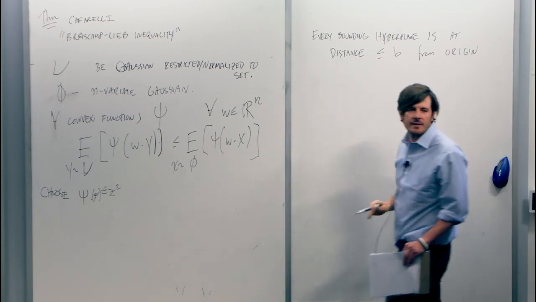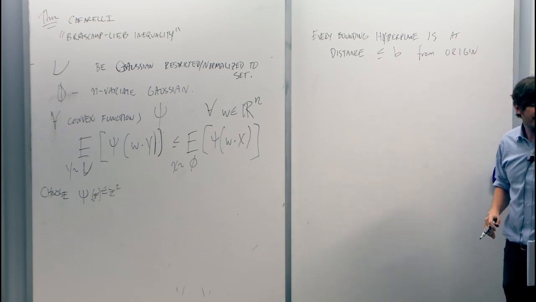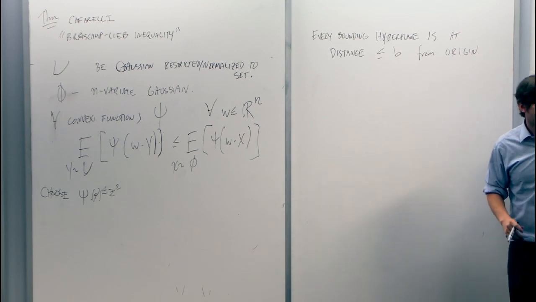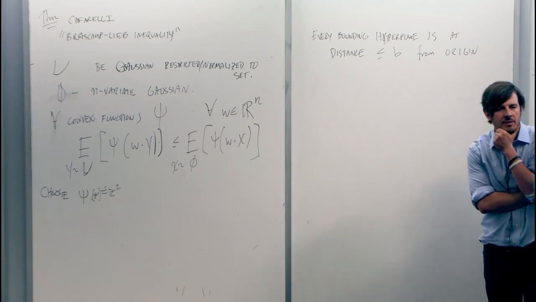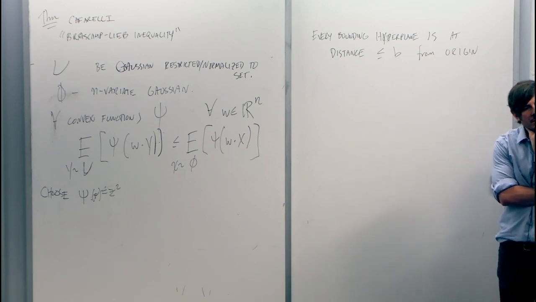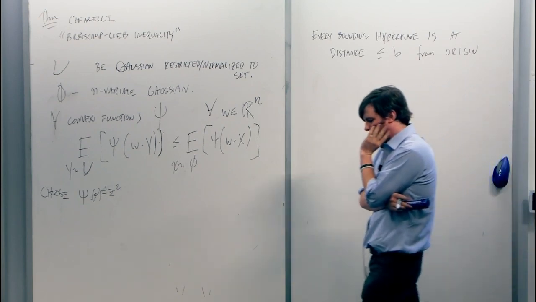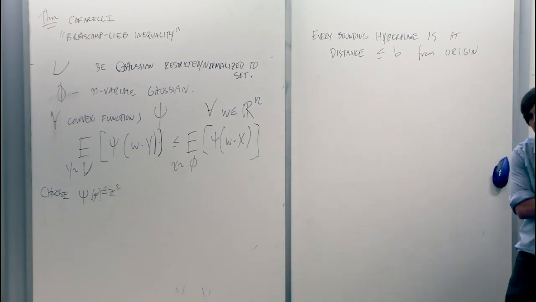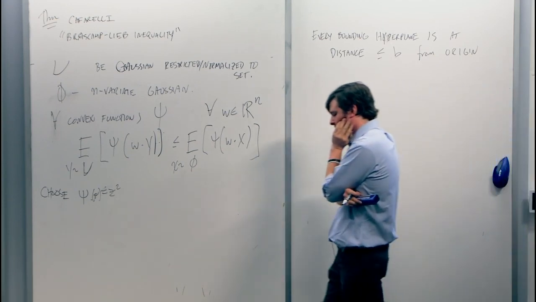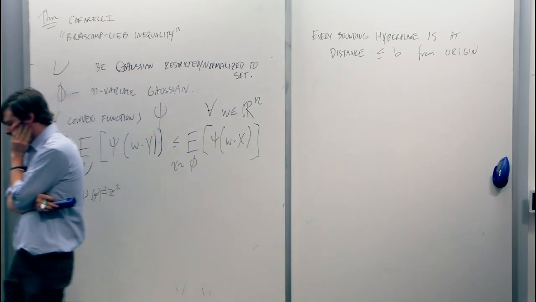Can I ask why this is reasonable? If I take my body stretched out exactly in the direction of w, rescaling the Gaussian is going to give me a lot more variance in that direction than the unrestricted Gaussian.